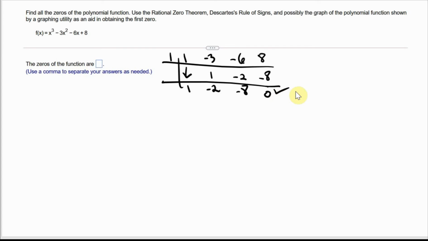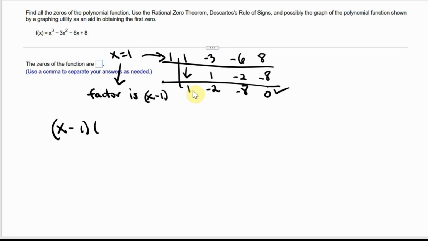We can keep on using synthetic division, but let's just see what we have so far. We have now this x equal to 1 here. That's what that means. It implies that the factor is x minus 1. Okay? So let's list what we have. x minus 1 times, now I'm going to look at these coefficients.